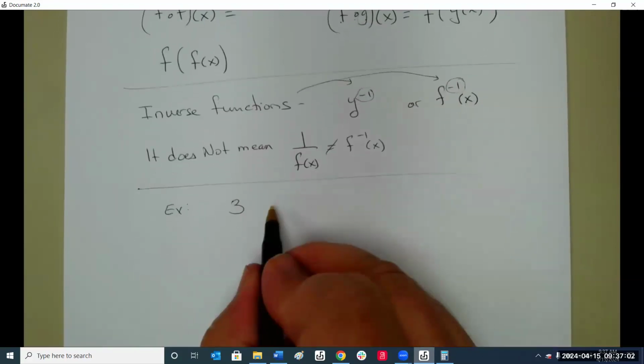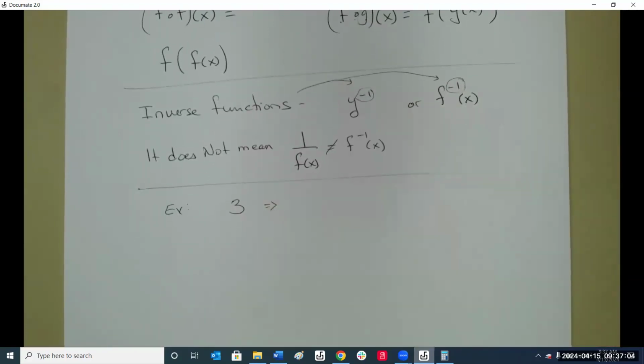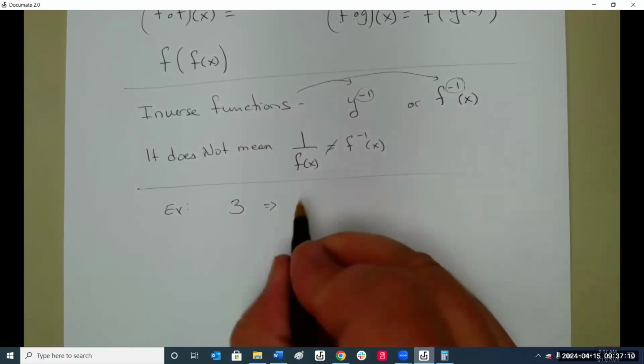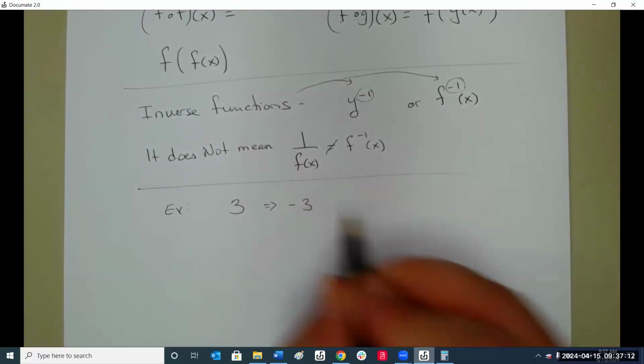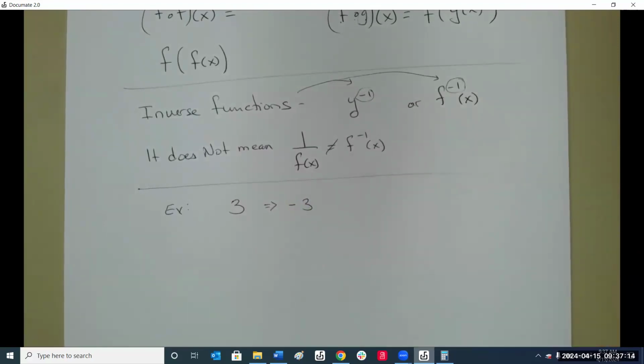What's the inverse of 3? Why -3? What is the definition of inverse? You've heard it before, you've seen it before.